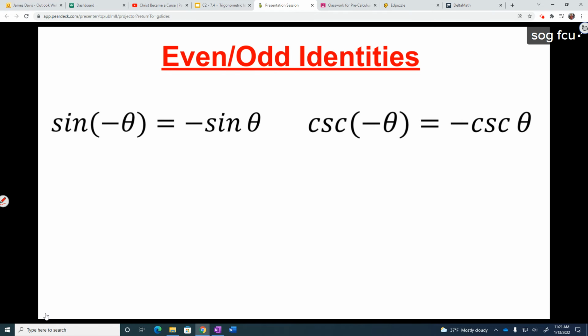The first one, sine of negative theta, is the same thing as negative sine theta. And along with that, it pairs up with cosecant, because those are reciprocals. Cosecant of negative theta is negative cosecant of theta. So this is called an odd identity.